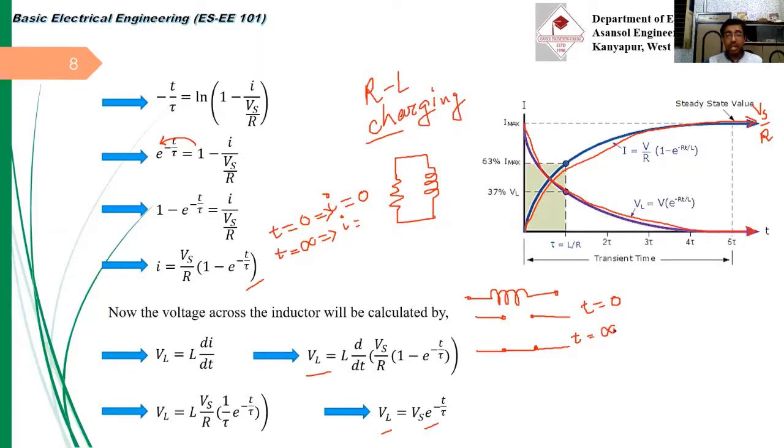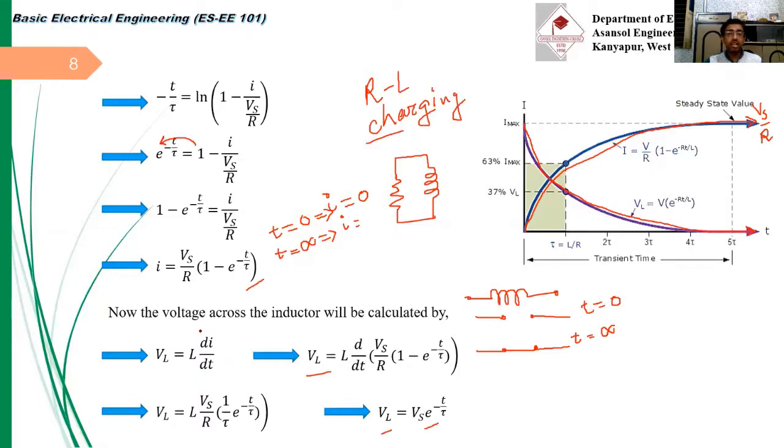Why is this happening? Because of L di/dt: when the current gets its steady state value, the di/dt value is almost 0, or it is 0. That means the voltage generated across the inductor is 0.